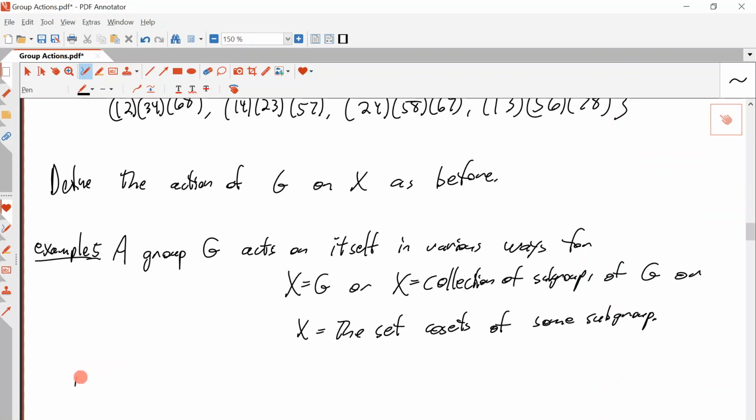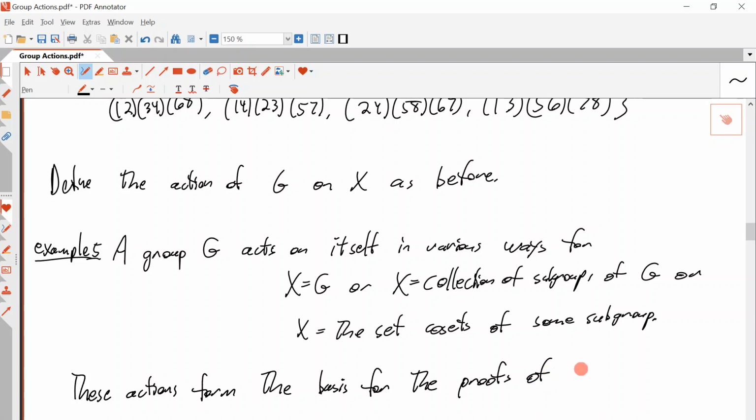And these actions form the basis for the proofs of Cauchy's theorem and Sylow's theorems. But we won't talk about these here.